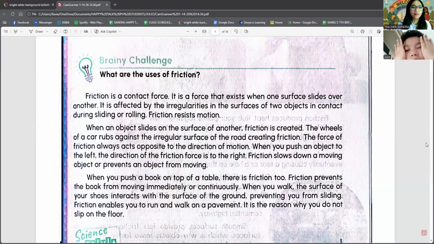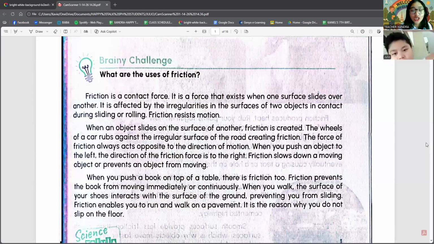Okay, so friction is a kind of force. Remember, friction is a kind of what? It's a kind of force. A force is something that can move, stop, or change the direction of an object.